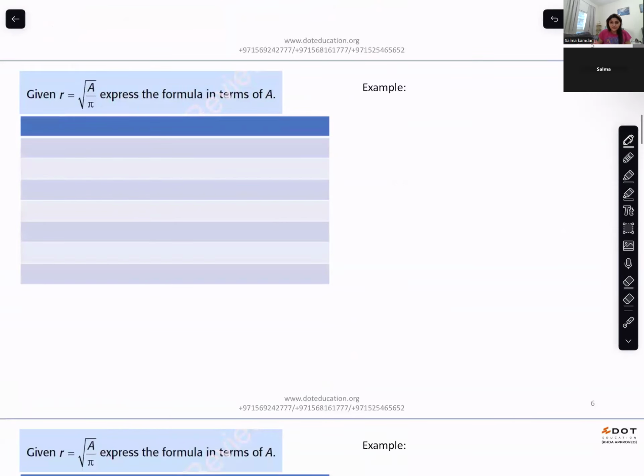You are given a formula R is equal to root of A by pi. You have to express it in terms of A. That means you want A on one side. What you can first do is square both the sides. If you square both the sides, you will get rid of the square root. So you will get R square is equal to A by pi.